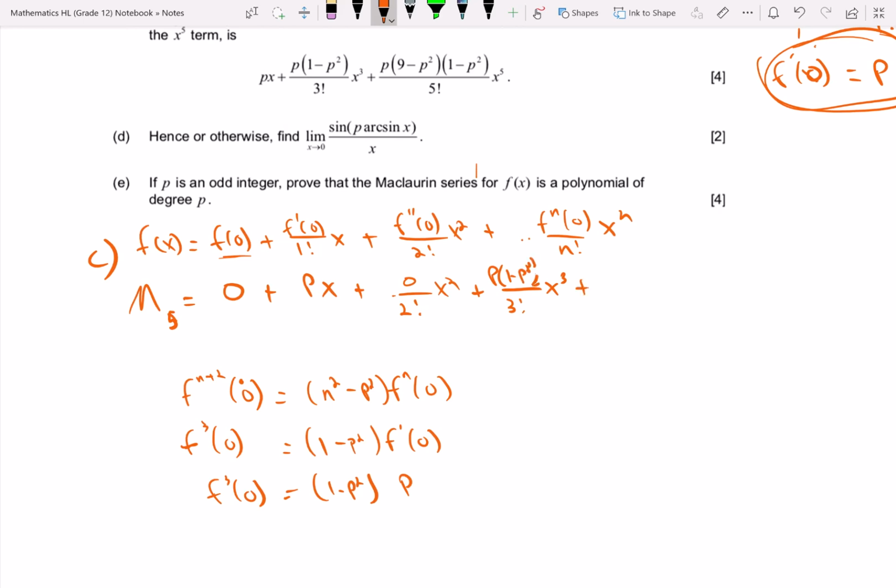The fourth derivative evaluated at 0 is also going to be 0 for the same reasoning that this one was 0. So the fourth derivative is just 0, just like this one's 0 and that one's 0. And the fifth derivative, we'll do this again. We'll start out with this equation. In this case, we're looking for the fifth derivative. We know the third derivative, so let's plug in 3 everywhere we see n.